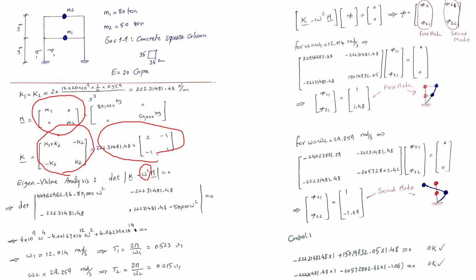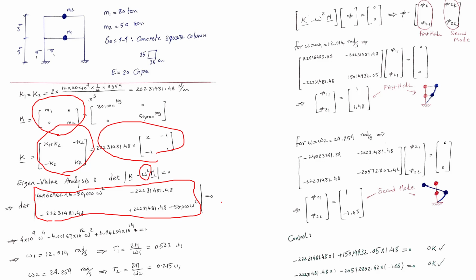And I came up with this part, which has omega squared in it as the unknown you're looking for. And you want to calculate this as the determinant of this matrix should be 0.